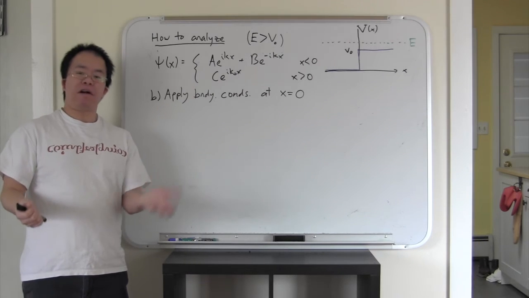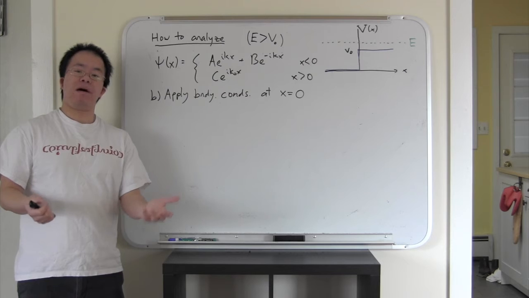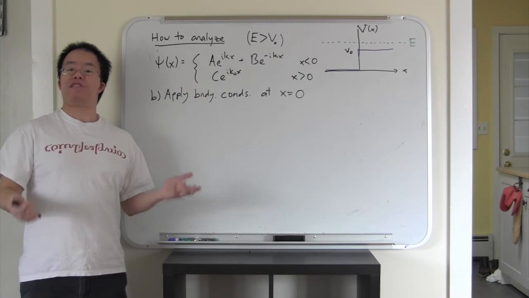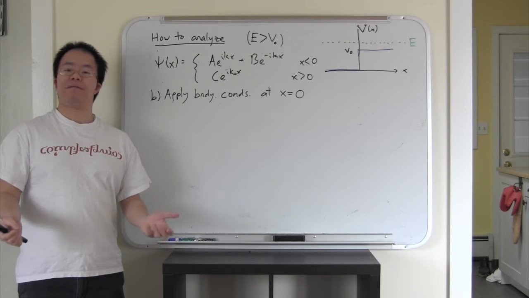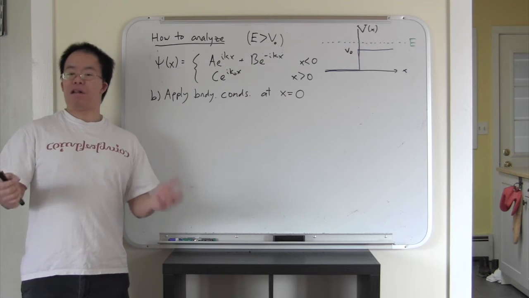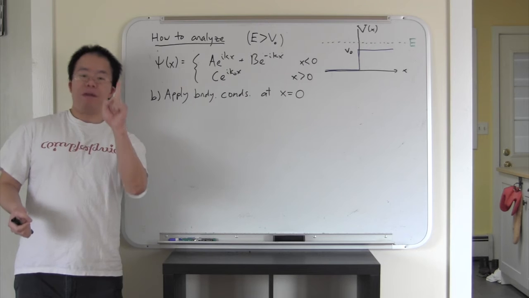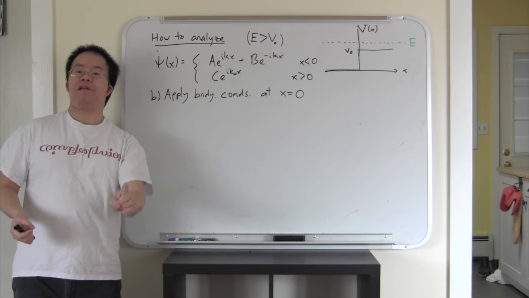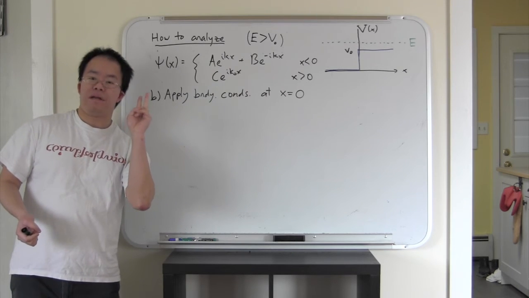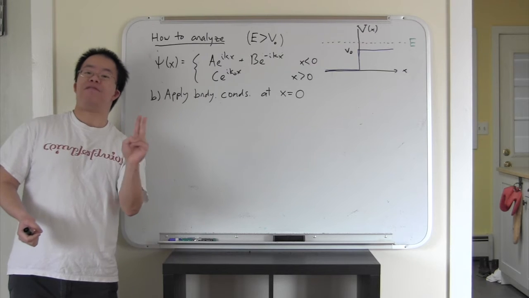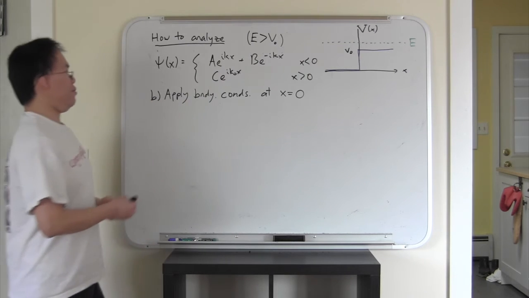If you remember from our analysis of the finite square well, what were the boundary conditions we had to apply then? Remember how we talked about we have to require two things. Psi, the wave function, has to be continuous. Number two, the first derivative of my wave function also has to be continuous.